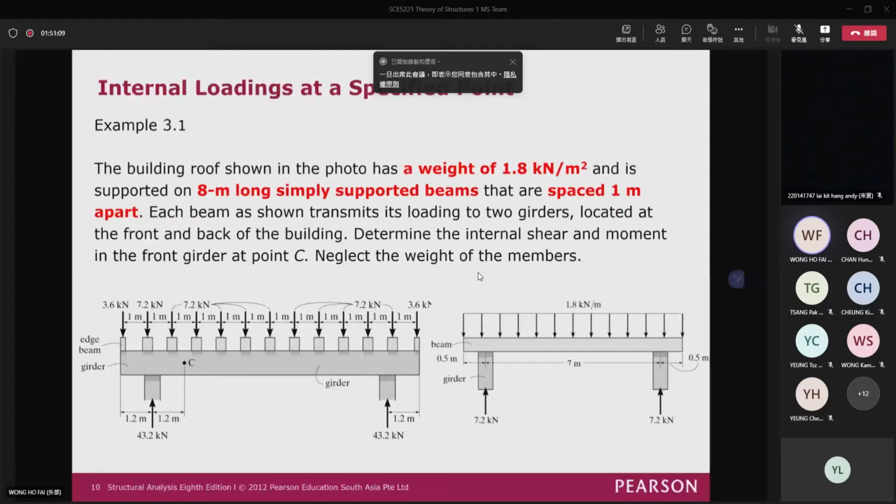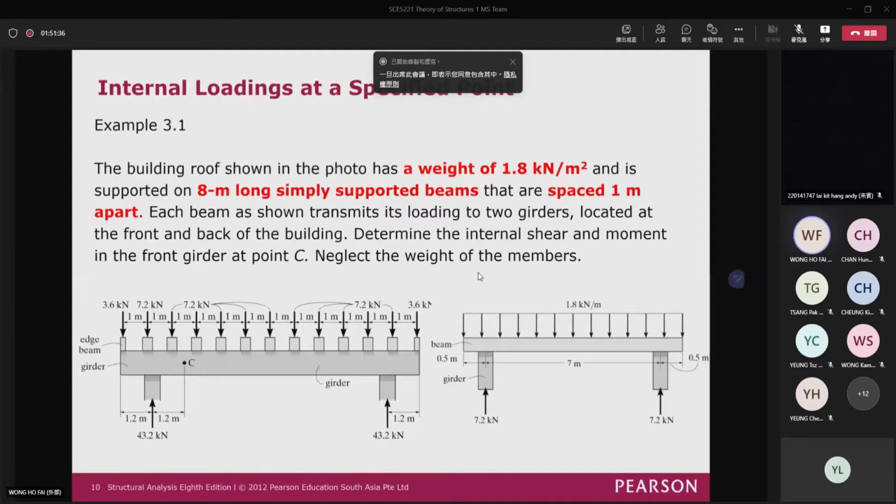So here I give you an example about how to find the internal forces at a particular point. It shows a building roof that has a weight of 1.8 kN per meter square and is supported by 8 meter long simply supported beams that are spaced 1 meter apart.